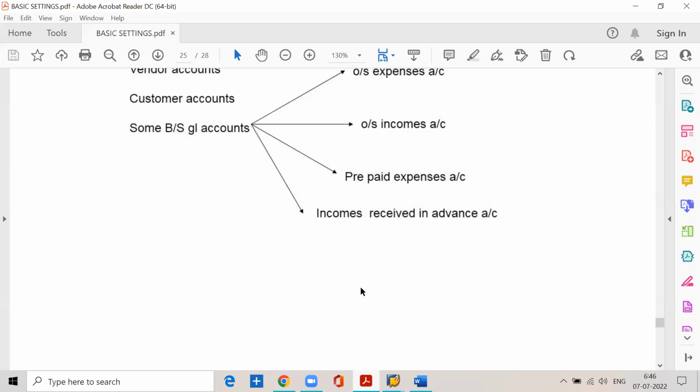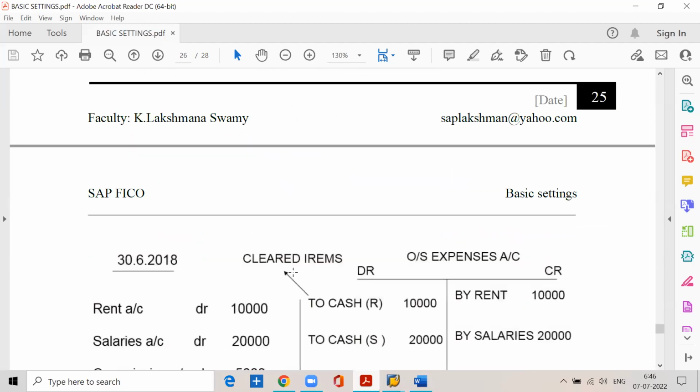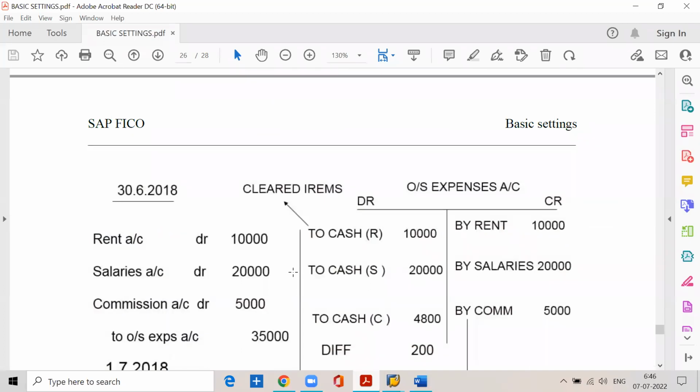No. Why? Because the expenses relating to July are accounted in the month of August. So the P&L account and balance sheet for the month of July is wrong. That's why before preparing the P&L account and balance sheet for the month of July, we post some accounting entries. These accounting entries are called accrual entries.